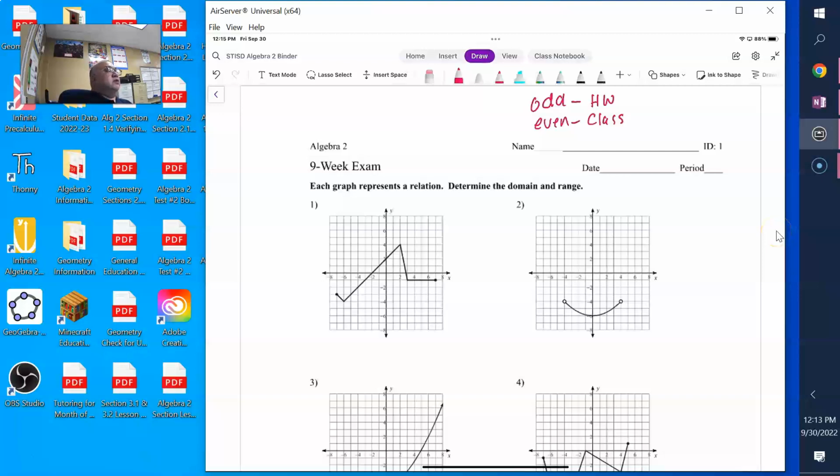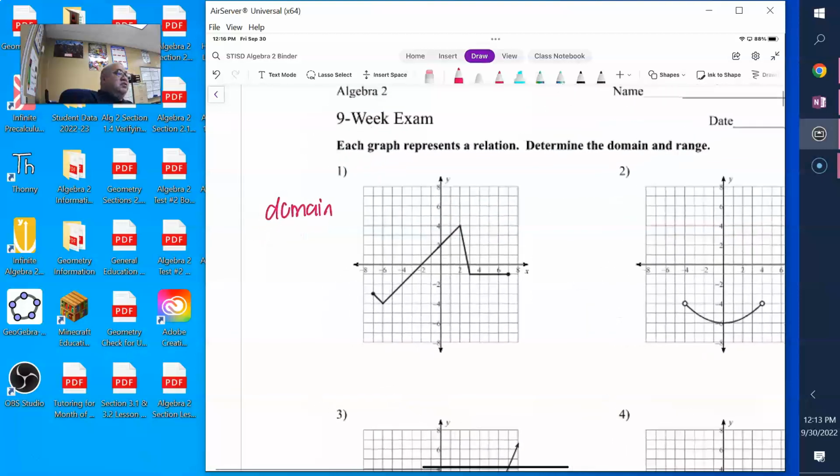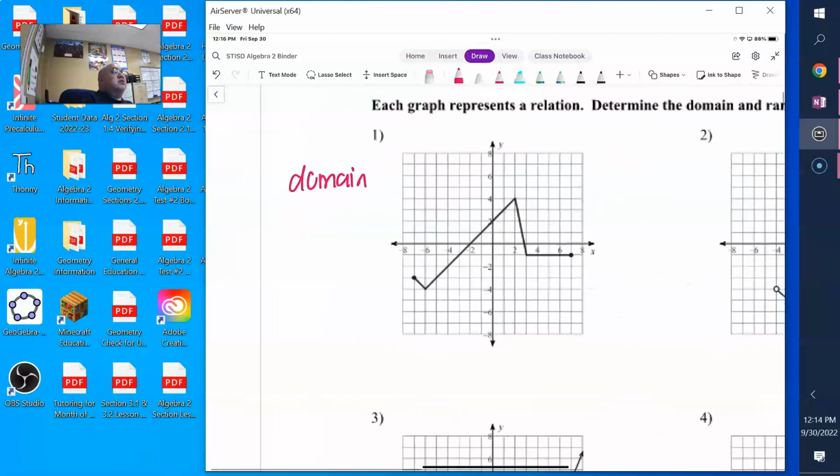So we're going to go ahead and figure out the domain and range for number 1. You want to find the domain. So what you need to do is look at the lowest x value. In this case, it's -7. The highest x value is 7.